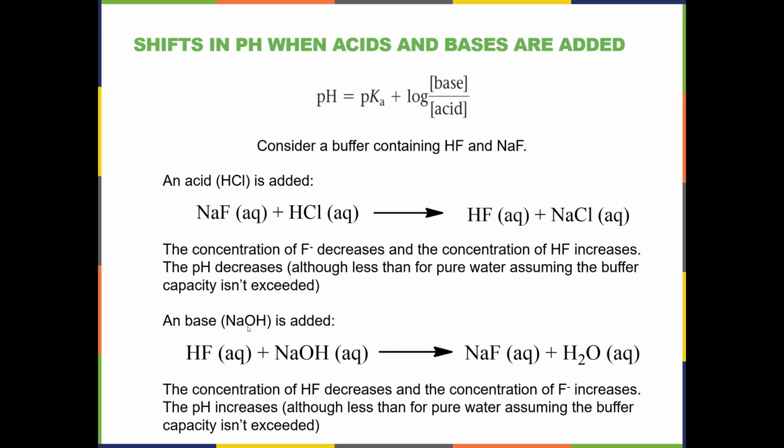Well, the HF reacts with the NaOH, we get more F-, and we have less HF. So certainly, adding HCl and NaOH are going to change the pH of a buffer solution. That being said, they should change the pH of the buffer solution much less than if it were pure water, assuming, again, that we don't go over the buffering capacity.